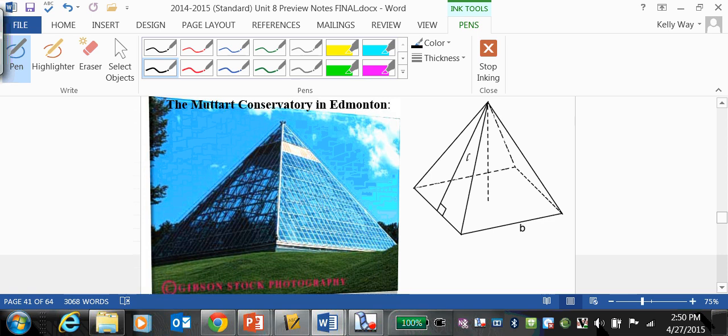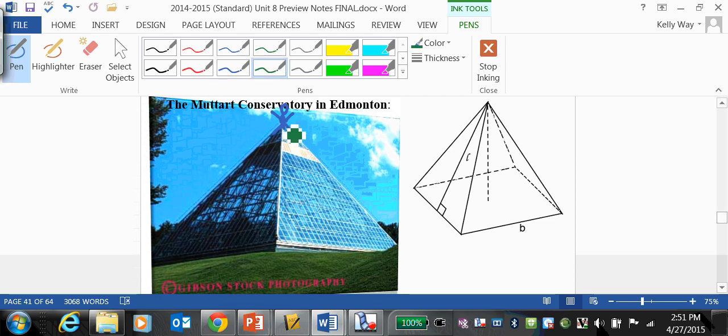Okay, because there's a slant, there are two different kinds of heights, and it's really important you understand this. This is called the Muttart Conservatory in Edmonton. I have family there. Let's pretend you are standing right here at the vertex, and you have some specialized skis.